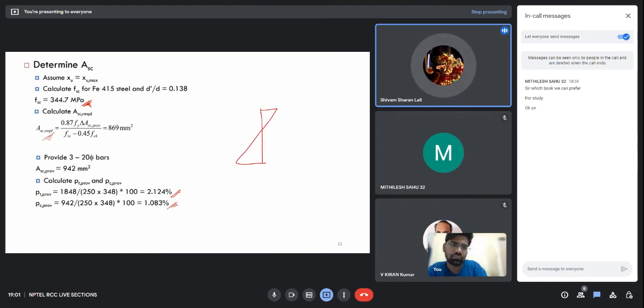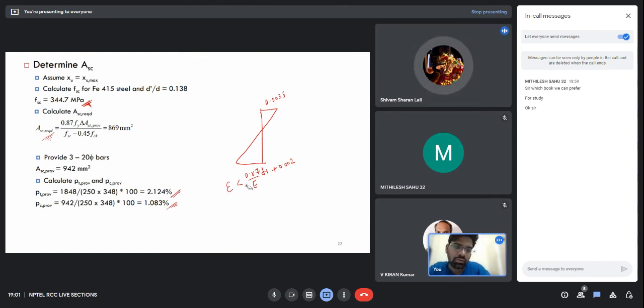Sir, if we have a neutral axis which is less than the limiting depth, then we can have a strain in the concrete less than 0.0035, and in the reinforcement we can have the strain as 0.87 fy upon Es plus 0.002. Are you getting what I'm trying to say? Yeah. And it can be said in another way also.